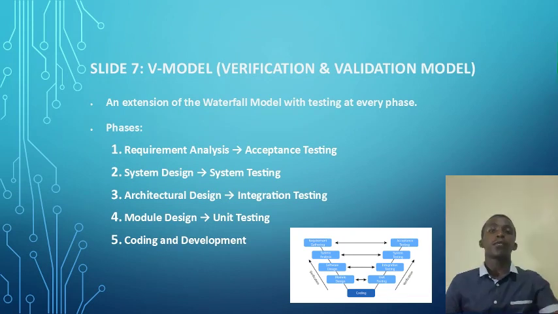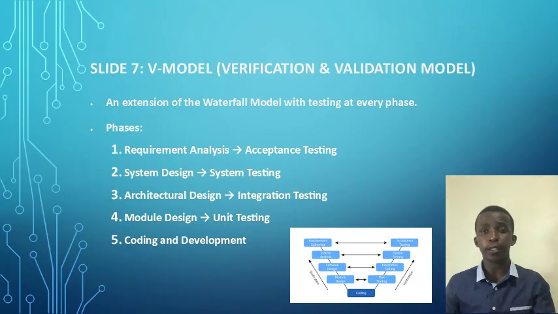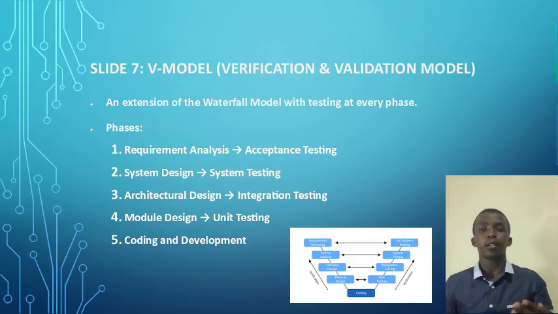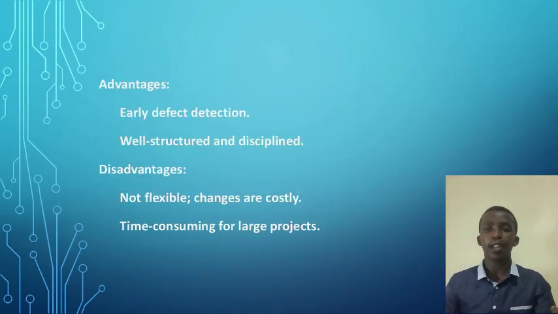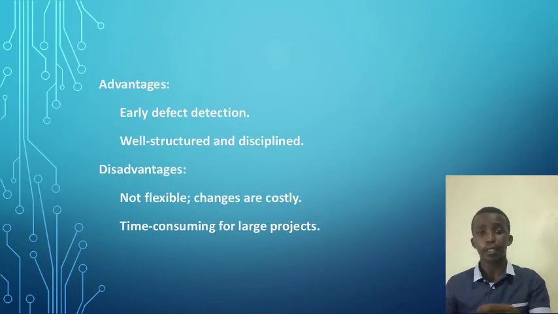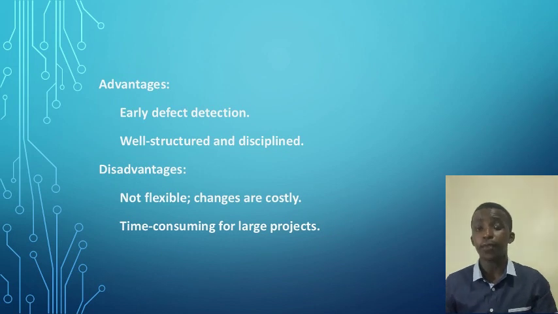The phases of the V model are requirement analysis, system design, architecture design, module design, and coding and development. Advantages of this model may be early defect detection, since testing is integrated at each stage, and it has a well-structured and disciplined approach. This model ensures quality at every phase.